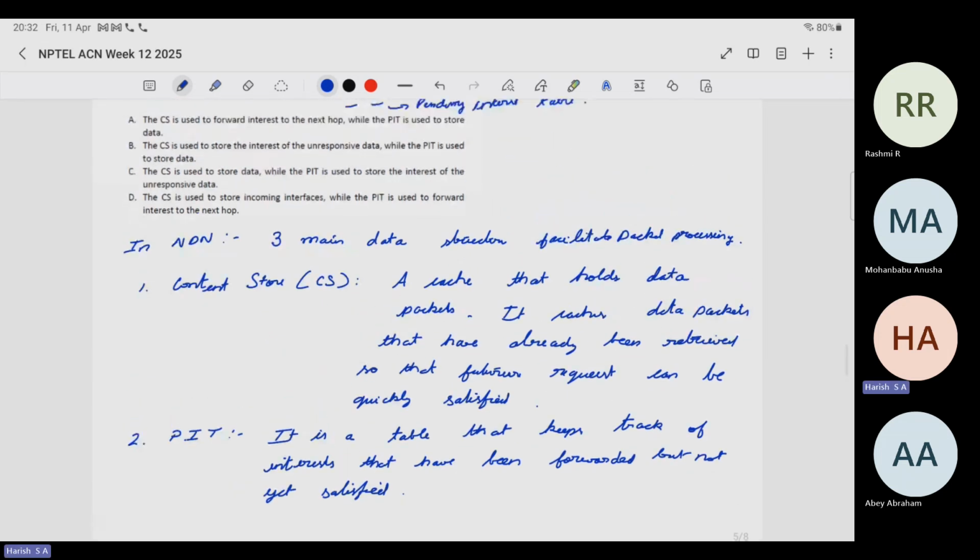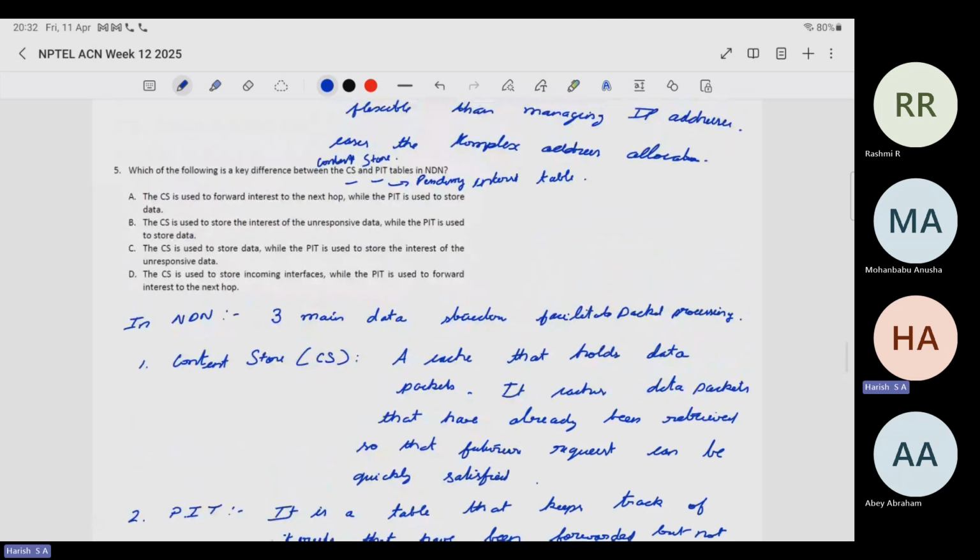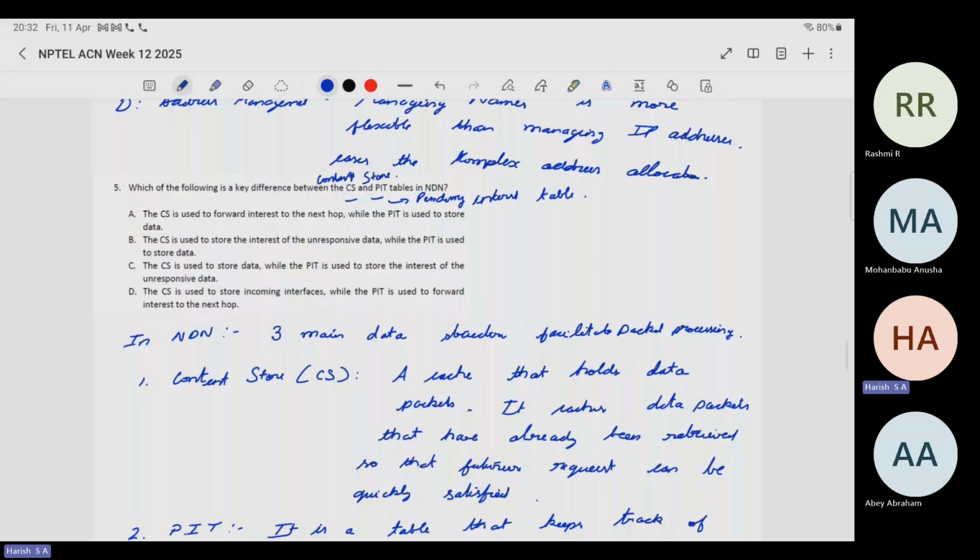But now the question is, which of the following is a key difference between CS and PIT tables in NDN? A, the CS is used to forward interest to next hop, while the PIT is used to store data. No, we just explained what CS and PIT are. B, the CS is used to store the interest of the unresponsive data, while the PIT is used to store data.